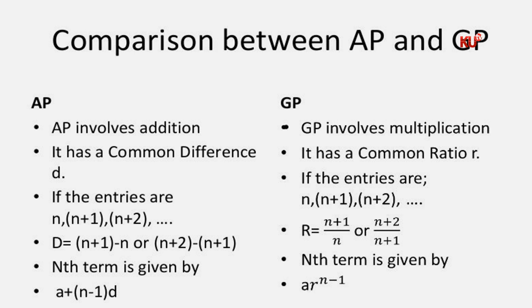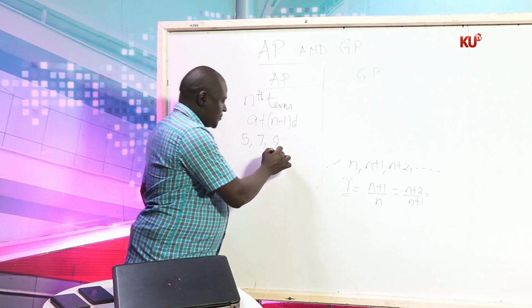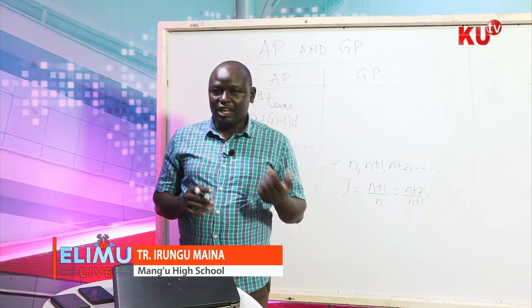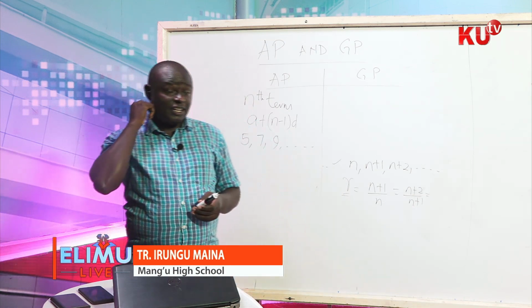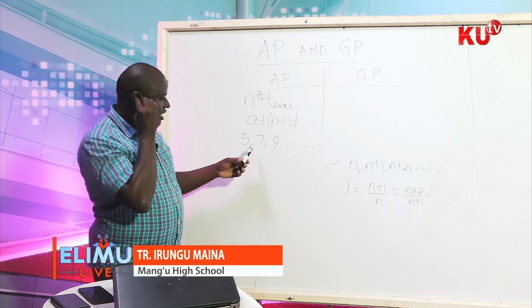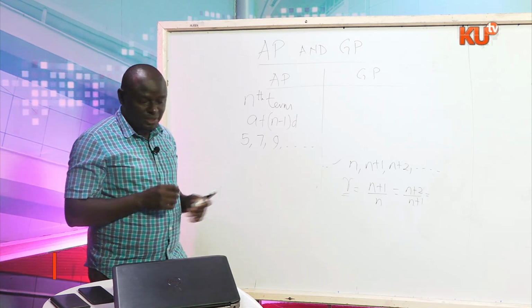Nth term means general term. For example, I had listed numbers here, 5, 7, 9. These are the first 3 terms of this AP. Now, the first thing that I want us to agree, how do you tell that this is an AP and not GP?